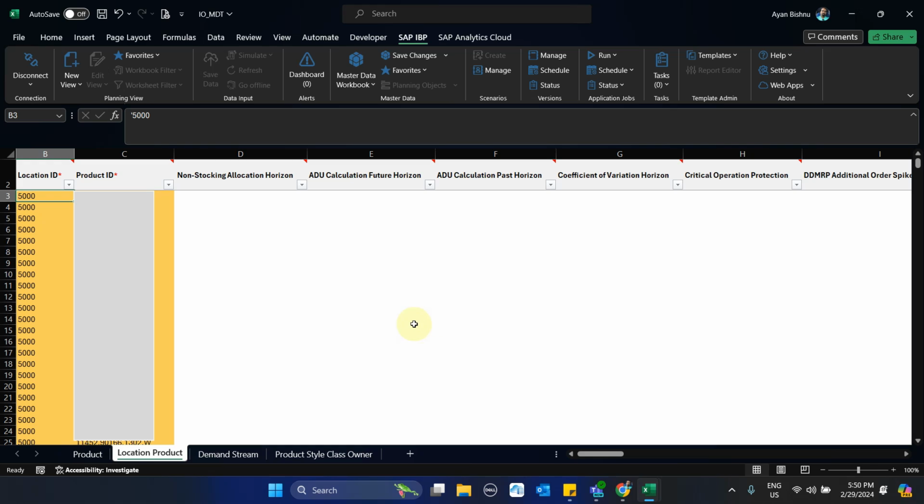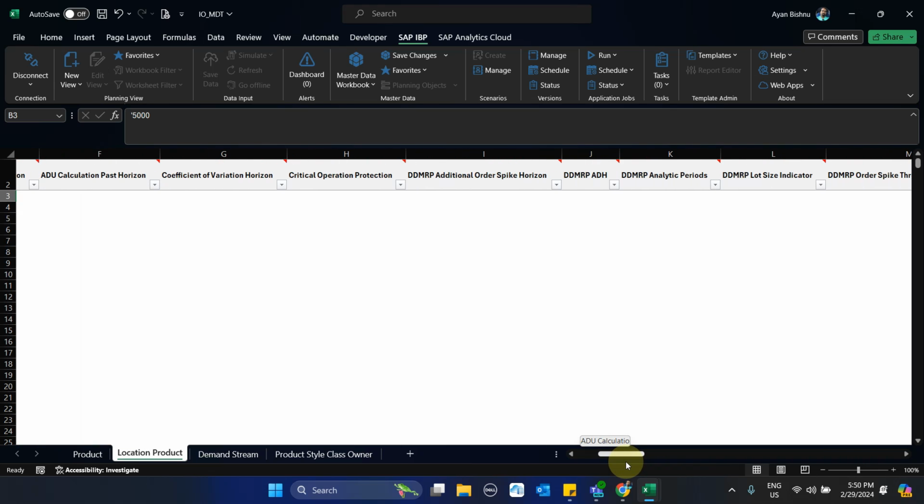Now, in a location product master, you will come across many attributes out of which there are few of utmost importance, which are needed in order to set up inventory optimization properly. And one of the main input attributes for inventory optimization is called the stock node type.